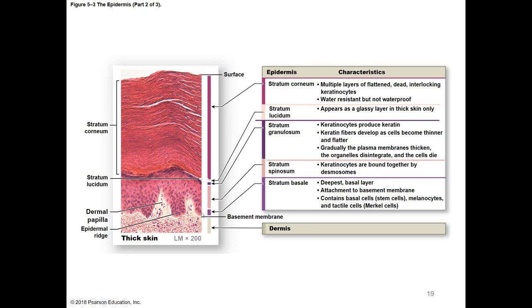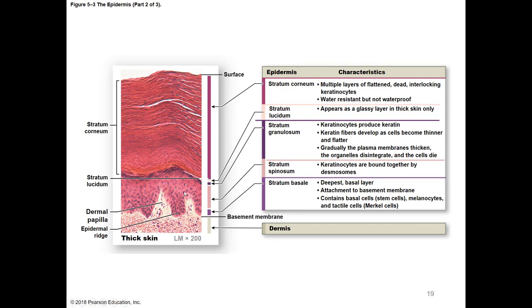Okay, so the thick skin is divided into layers of strata as we go up. Let's start at the very bottom. Down here we have the stratum basale or stratum germinativum. It's the deepest layer and attaches to the basement membrane, so it would be about in here. What's really cool about the stratum basale is this is where stem cells live, and stem cells constantly divide.